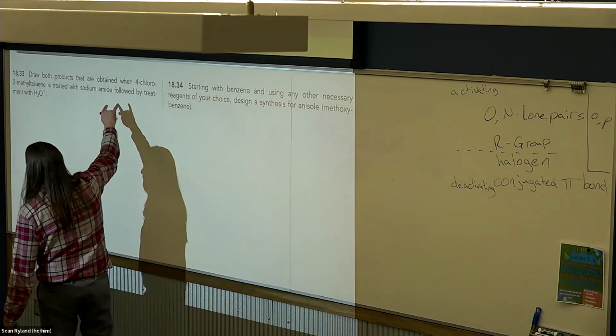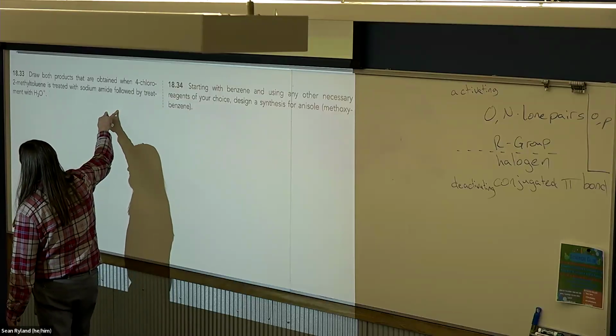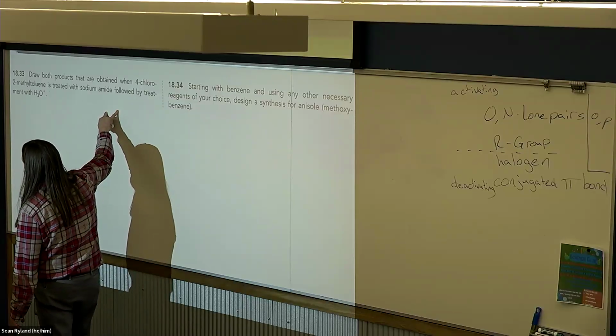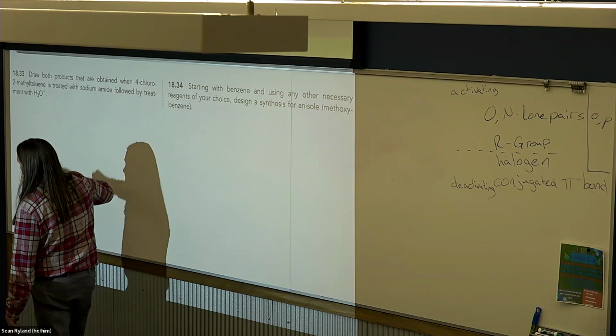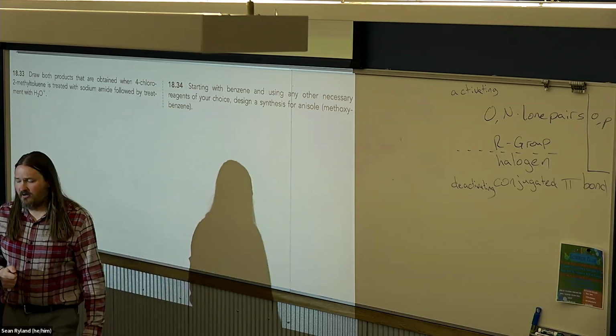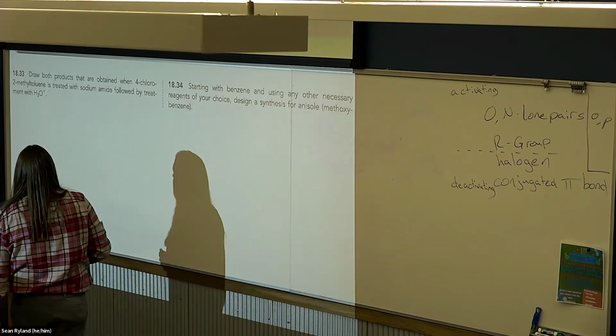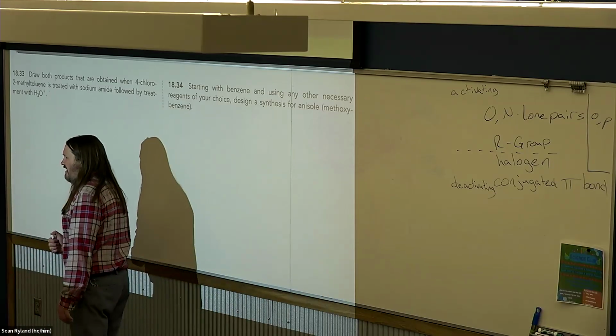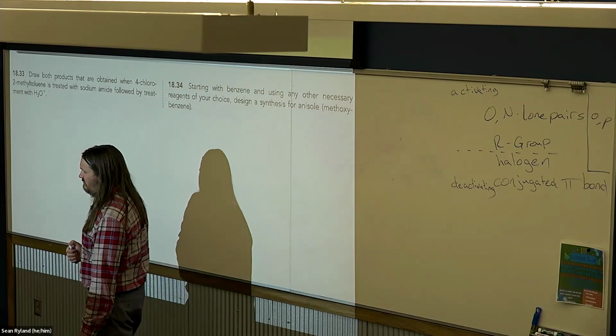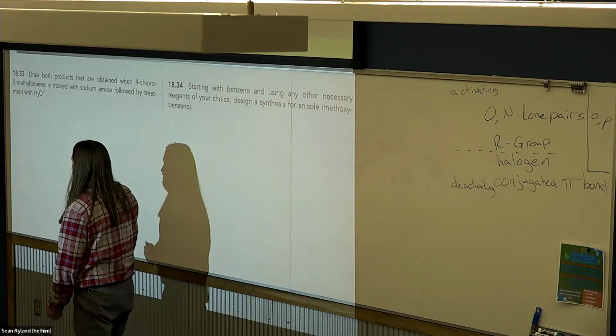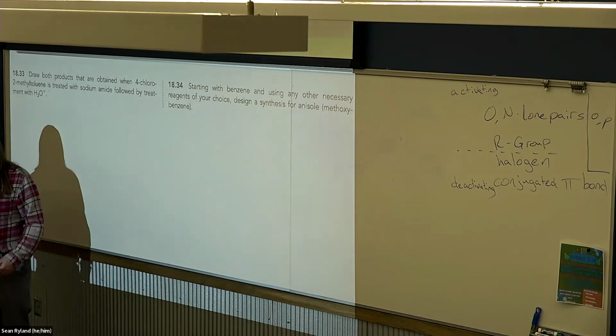So let's look at this one. I don't think we'll do the synthesis reaction today, just because we're coming up on an hour here. You have 4-chloro, 2-methyltoluene. You can treat it with sodium amide followed by acid. So let's draw out what that looks like so we can see what we're dealing with here.